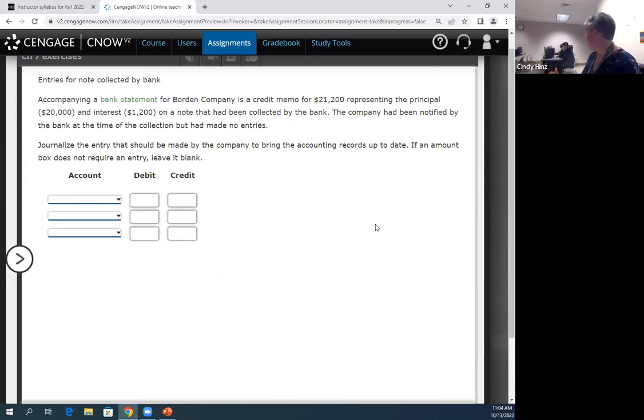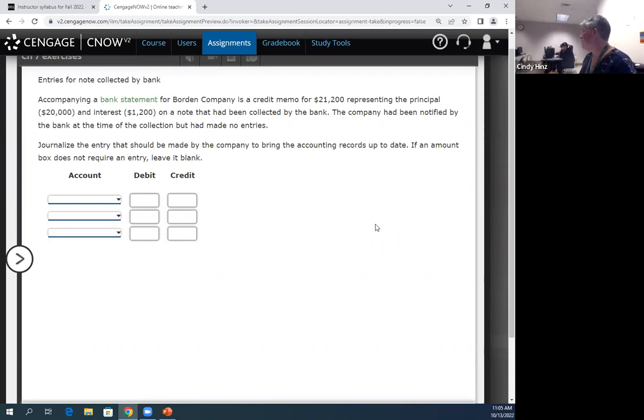So maybe a customer needed an extended time to pay and we said, that's fine, you can take a little bit more time, but we want to be compensated for that. If we're going to give you an extra 3 months to pay, or whatever the time is that we agree to, we also want you to pay some interest on that to compensate us for the use of our money, the opportunity cost that we are taking for letting you hold on to our money a little bit longer. So that's not uncommon.